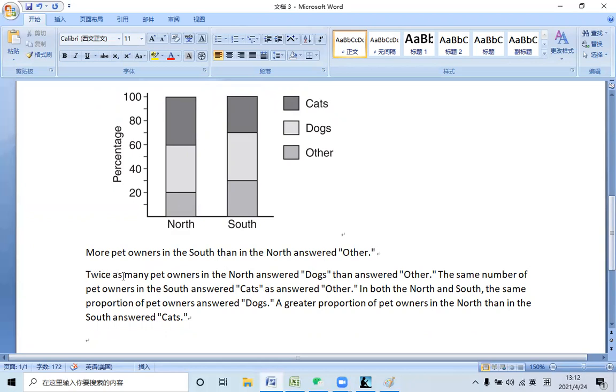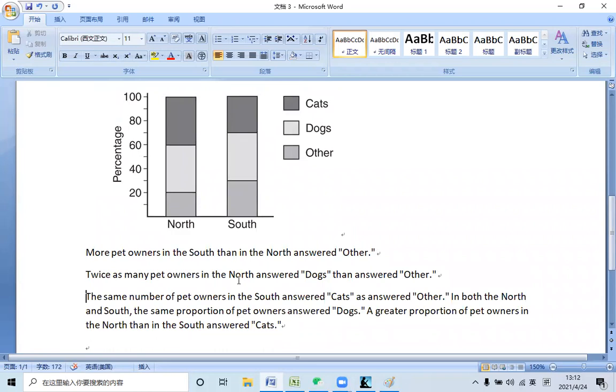The next choice says twice as many pet owners in the south answered dogs than answered other. Where do you look? This one you are going to look at only the north, twice as many dogs as others.